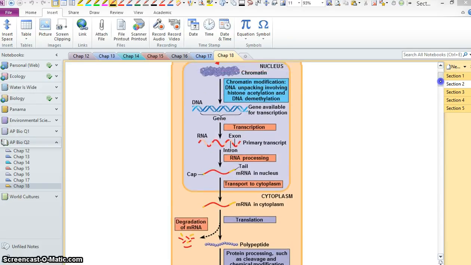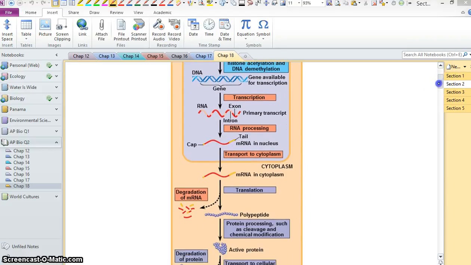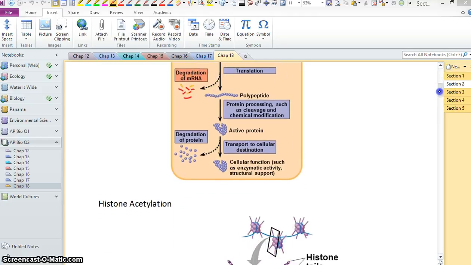Again, you can just block transcription or you can let it go. You can control RNA processing, transport of the RNAs outside of the nucleus. You can control the translation process, the making of proteins. If proteins are no longer needed, you can degrade them. When mRNAs are no longer needed, you can degrade them. So there's many steps.